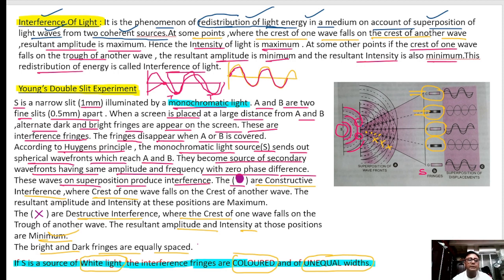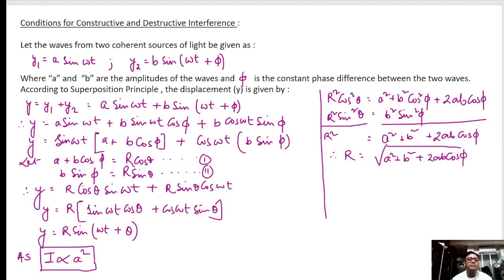Okay, next let's see the conditions. This is a very, very important part, from where numericals come. Conditions for constructive and destructive interference. So please watch. Let the two coherent sources of light be y1 equal to a sin omega t, and y2 equal to b sin(omega t plus phi).